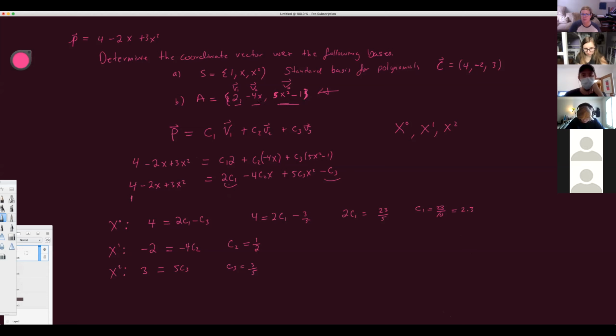This one has an x in it, but not an x squared, and it doesn't have anything x to the 0, so it has to be linearly independent of the other two. This one has an x squared, so it has to be linearly independent of these other two, right? So it's pretty easy to just look at that and show that it's linearly independent. Yeah? Okay. And then you're just using your knowledge of the fact that these powers are linearly independent to solve.